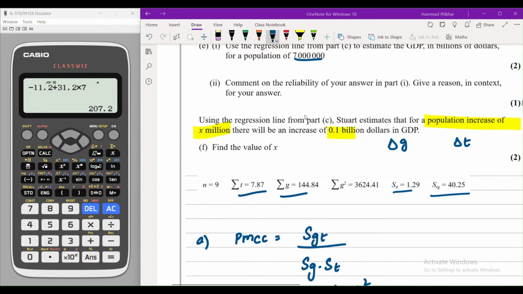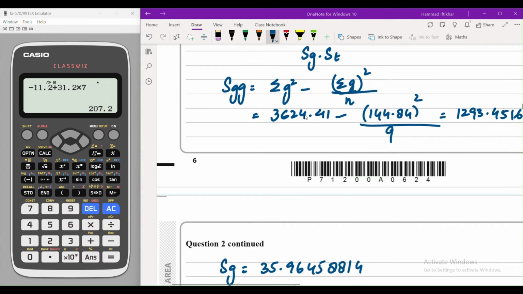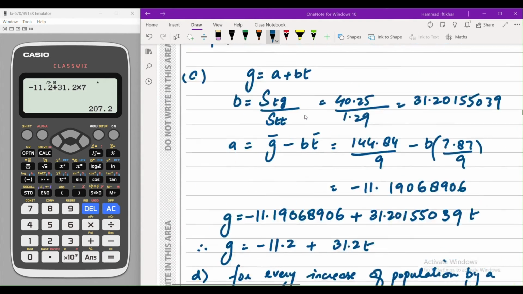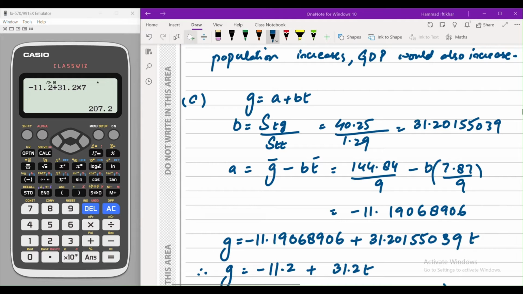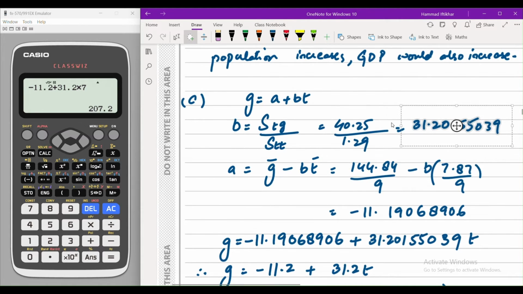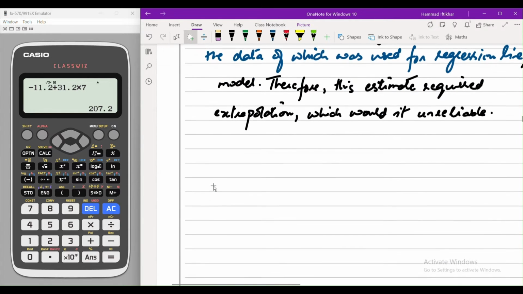So obviously they're talking about the rate of change, or the change in GDP with respect to change in T. So we already have the value for that. That is our gradient for this. This represents change in G with respect to change in T.